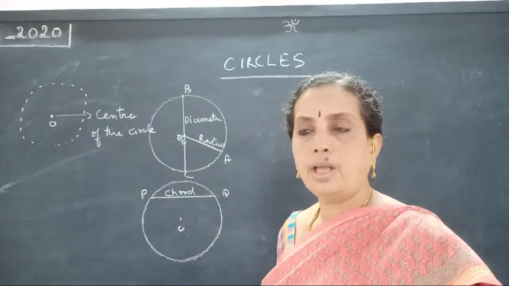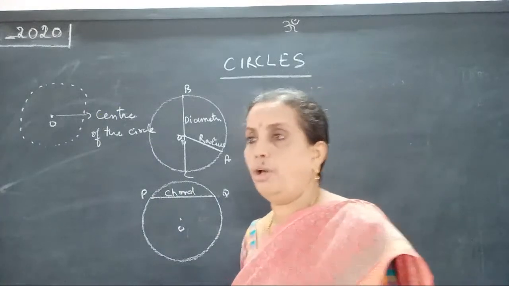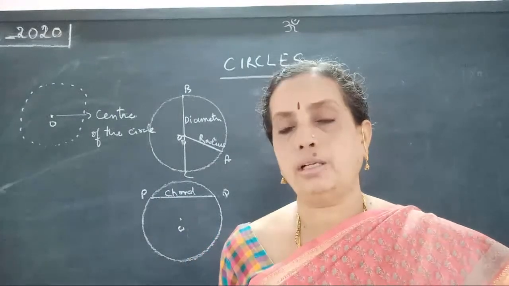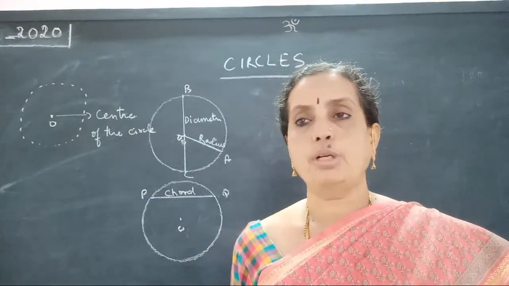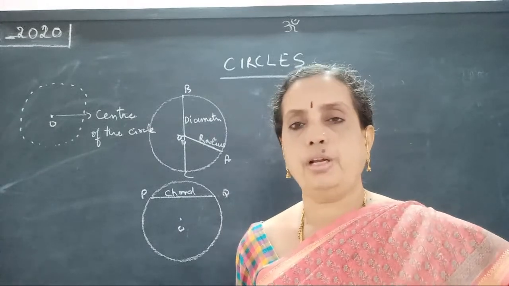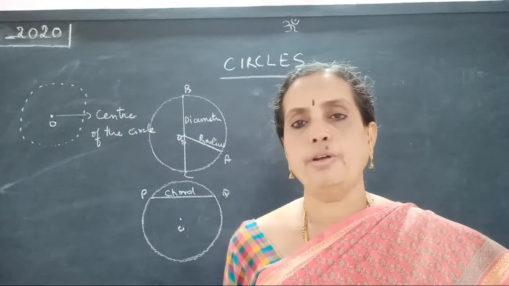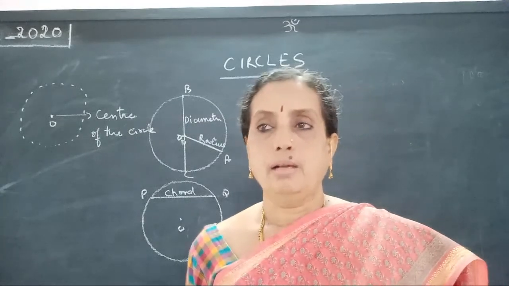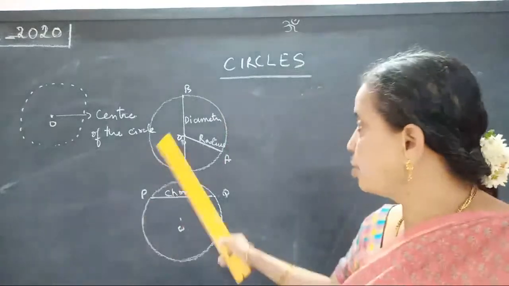Is it clear? Further, next year in the chapter related to circles, you are going to study the segment of a circle and the sector of a circle. I will show that here also. Before entering the 10th, you should be aware of some basic points about the circle.